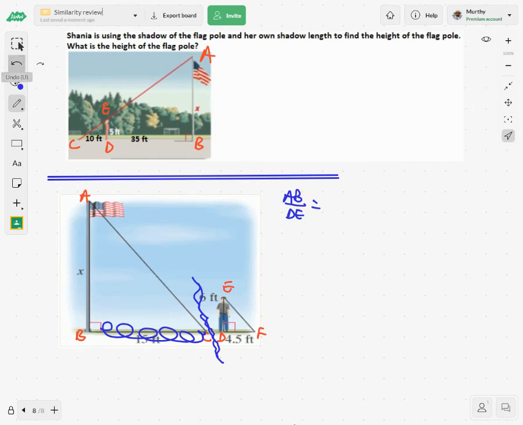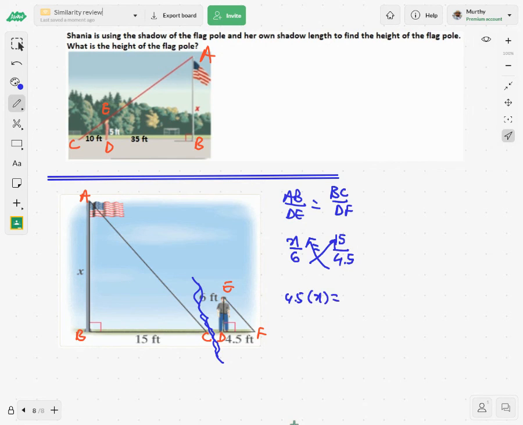These are separate triangles. Therefore, BC over DF. Now plug in the values. AB is x over DE is 6 feet, and BC is 15 feet over 4.5, and we go for cross multiplication.